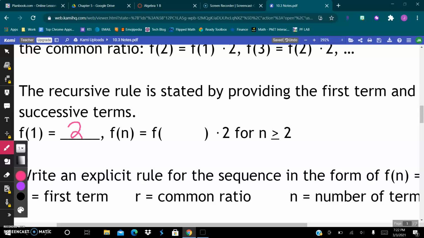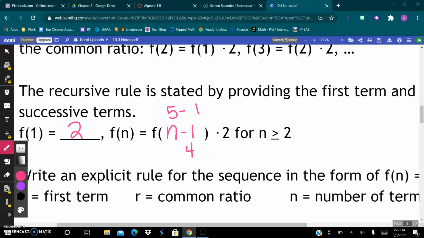For the number of the term, we have to take the term before it, so n minus 1. If we want the fifth term, we do 5 minus 1, which is 4. So to find the fifth term, we take the fourth term and multiply it by 2.